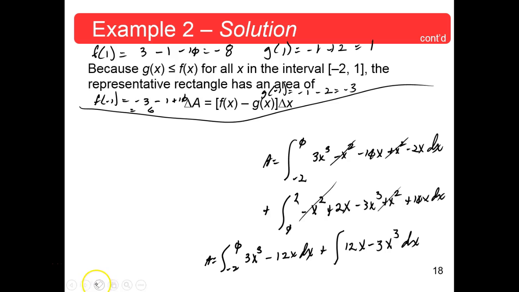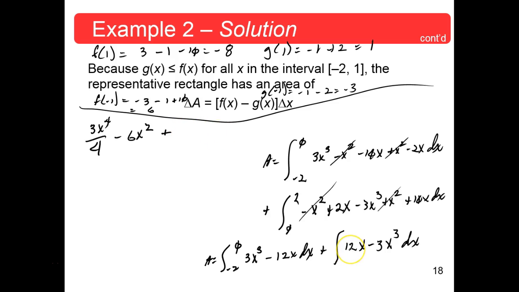All right, so let's do our integration and see what we get. Integrate the first one. Antiderivative of 3x cubed: 3x to the fourth over 4, minus 6x squared, plus negative 3x to the 4th.